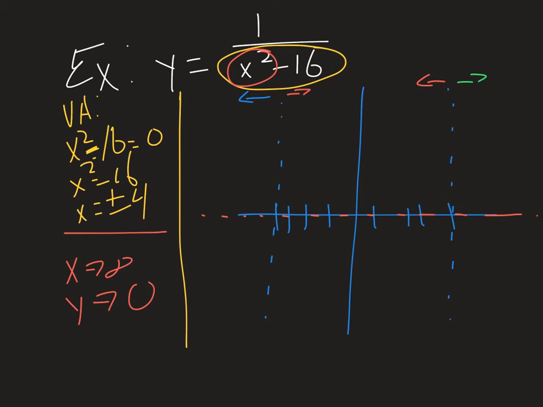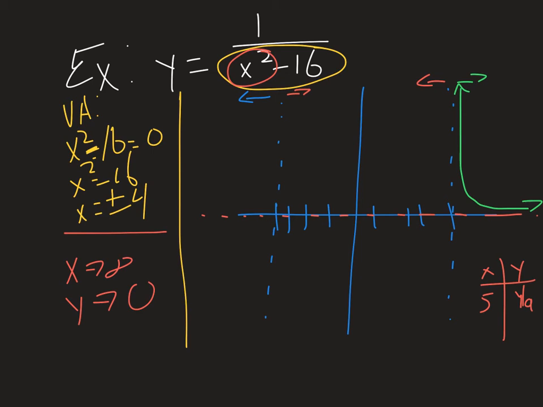So, let's go ahead and make a rough t-chart. Okay, I'm going to pick a value greater than 4. So if I do 5, I'll have 1 divided by 25 minus 16, which would be 1/9. So that tells me I'm above the line, the horizontal one, anyway.